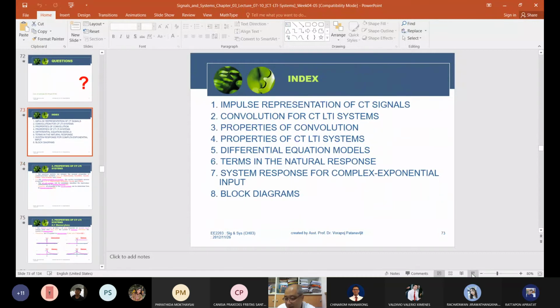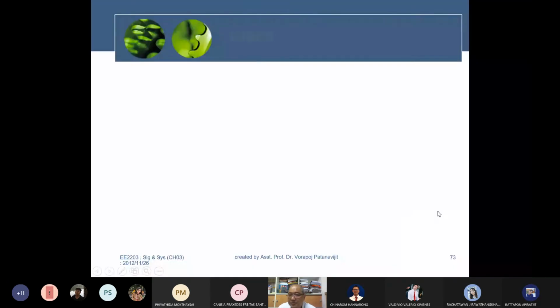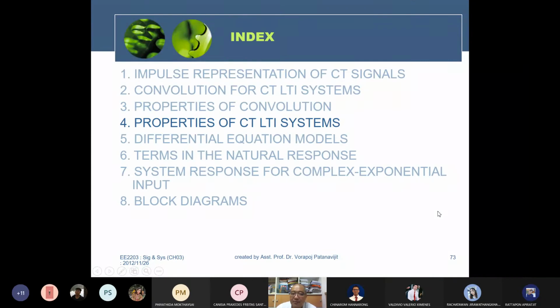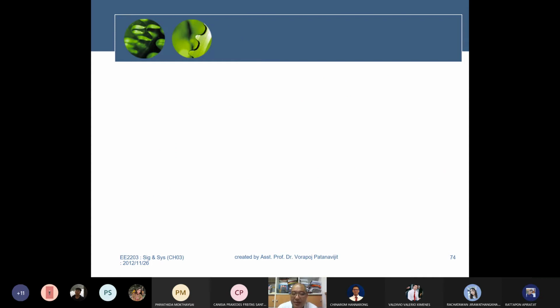Now, the next one. From the system, you know that we have up to 6 properties. But in this case, if the system already satisfies 2 properties, linear and time-invariant, we have 4 properties left for analysis.